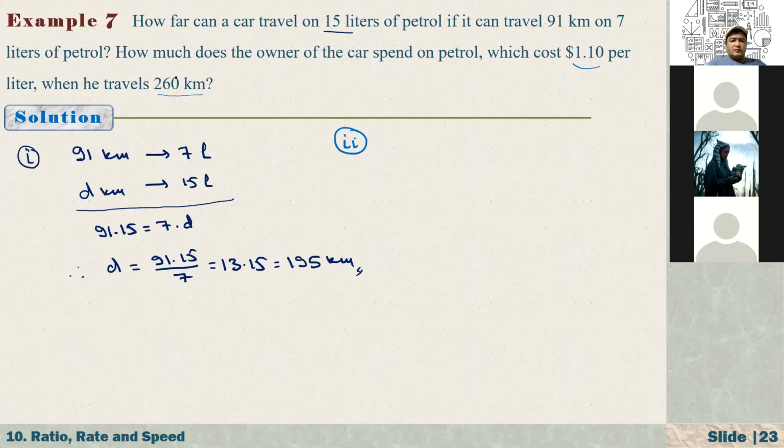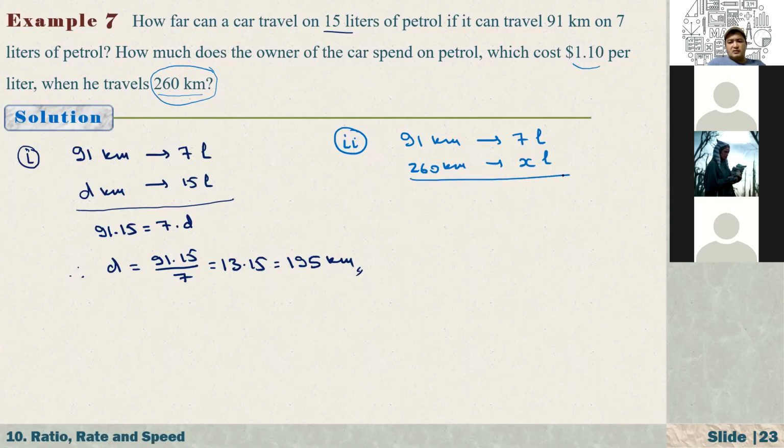Anyway, first, we have to find for 260 kilometers of distance, how much petrol is needed, right? And again, using this rate, we know that for 91 kilometers, we need 7 liters of petrol. And how about for 260 kilometers? Here we need x liters of petrol.